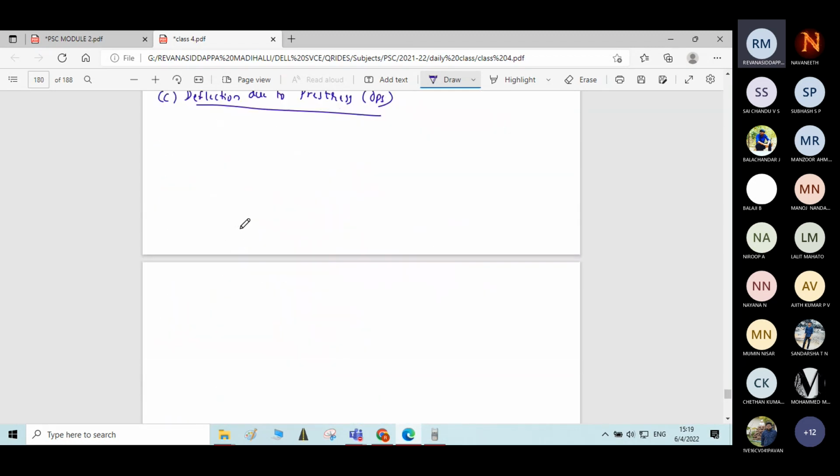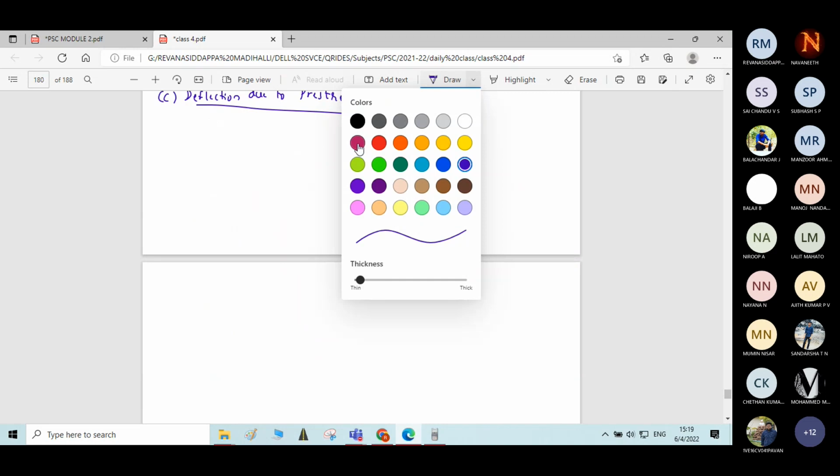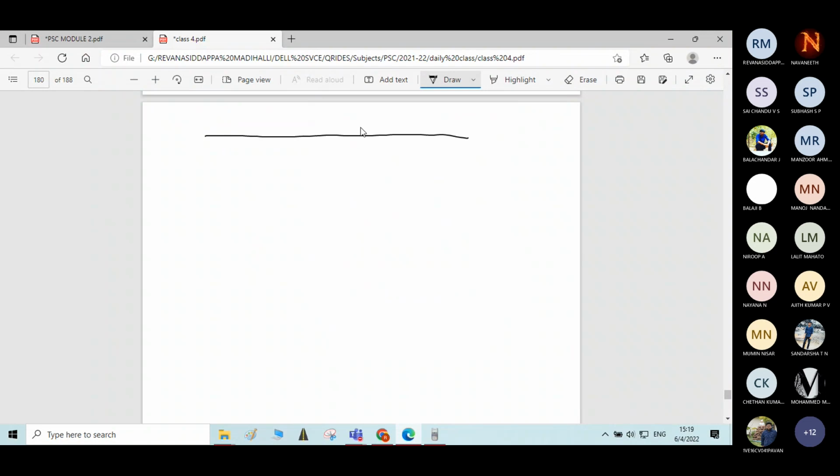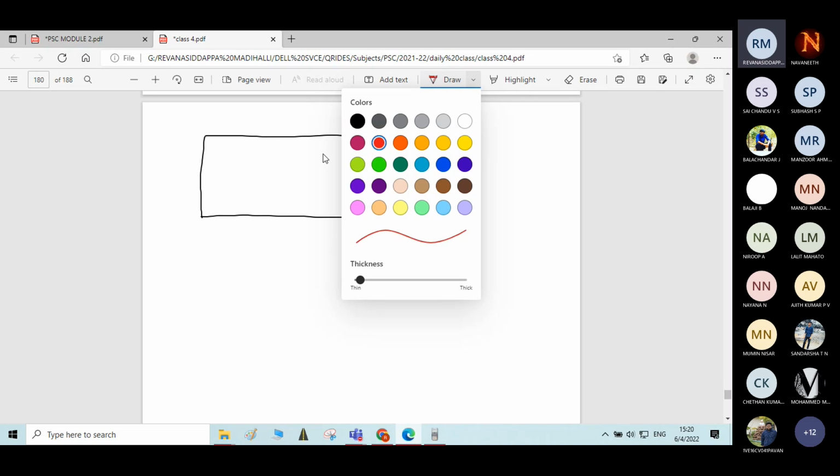Okay, let me draw the diagram. Centroidal axis.